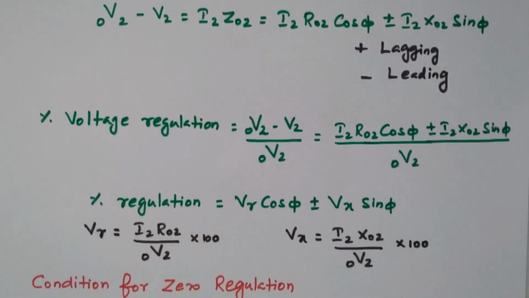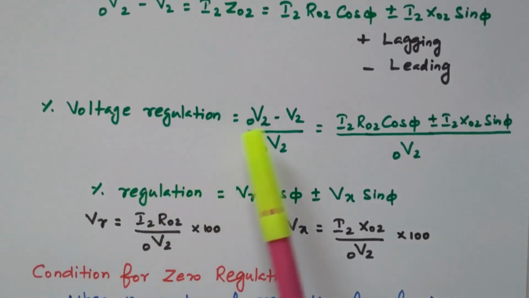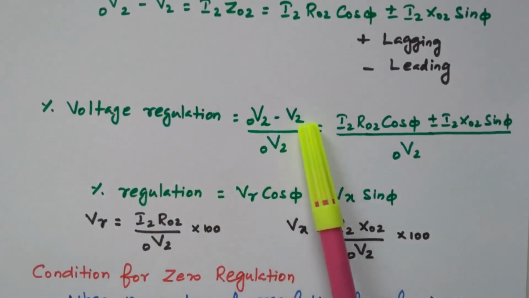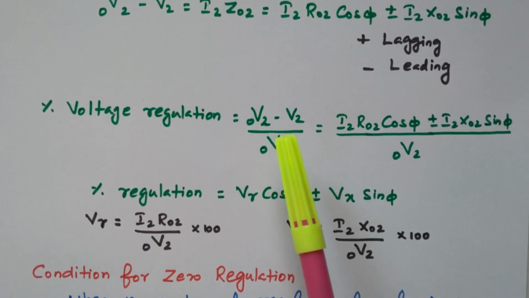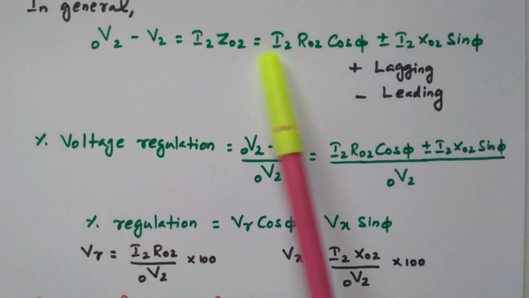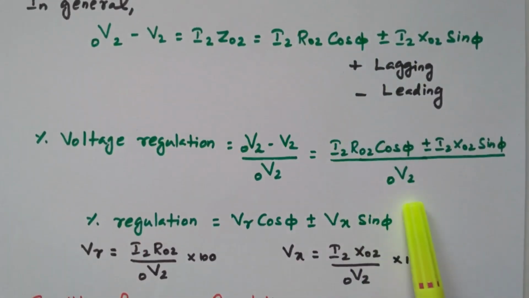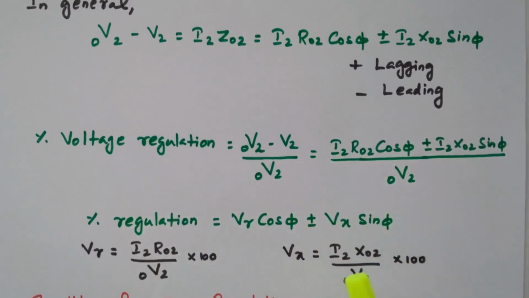This is applicable for both leading and lagging. Now we'll go to the voltage regulation. That is nothing but the no load secondary voltage minus the full load secondary voltage, divided by the no load secondary voltage. We already found the expression for the numerator, so it is I2 R02 cos φ plus or minus I2 X02 sin φ divided by the no load secondary voltage. This is the expression for regulation.